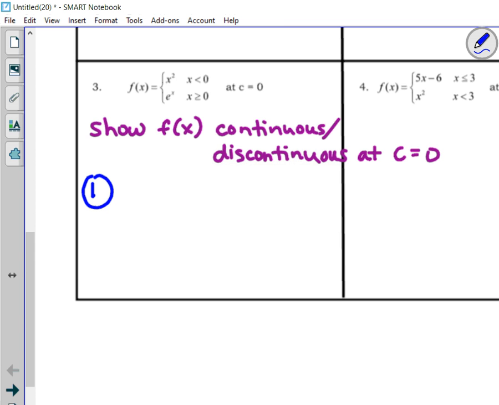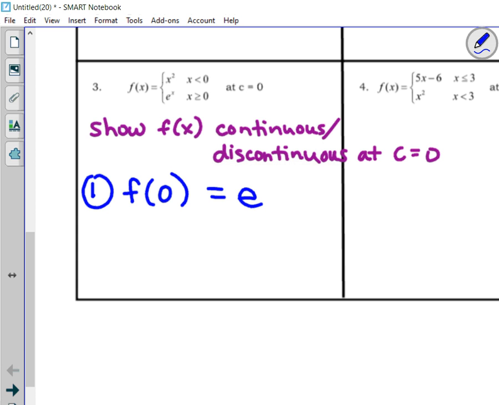So if I want to show I'm continuous or discontinuous at c equals 0, the first thing I should talk about is f of 0. If there's not an answer for f of 0, this problem's over. Now, in this piecewise function, the part when x is equal to 0 is defined by the e function.